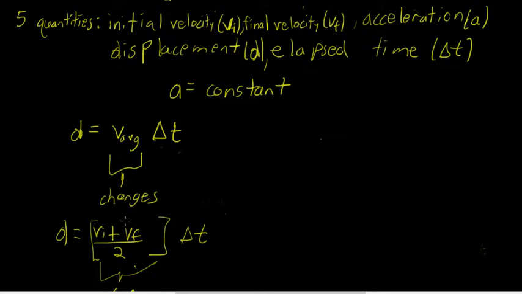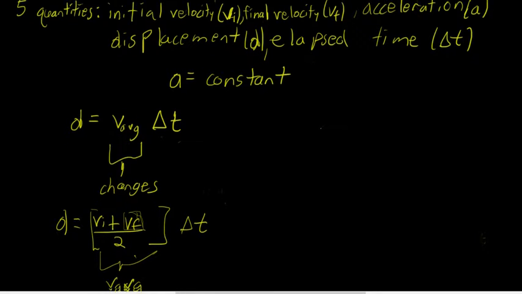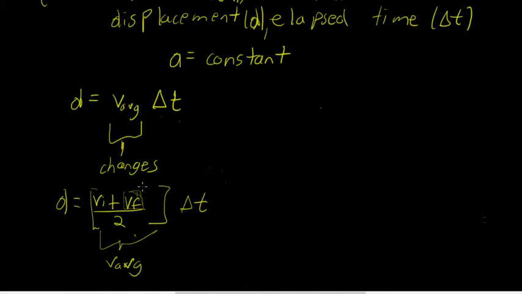So encapsulated here, this final velocity is a function of both initial velocity and acceleration, right? So let's say we wanted a formula that just related displacement, initial velocity, acceleration, and time, and we wanted to somehow do without this final velocity.